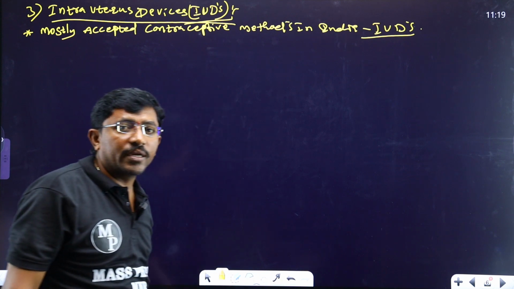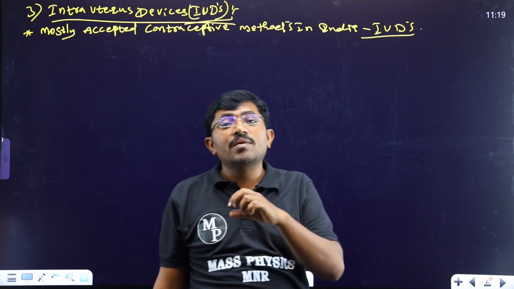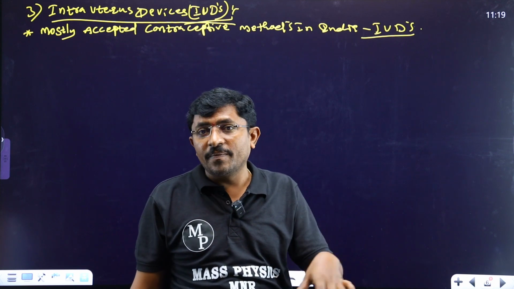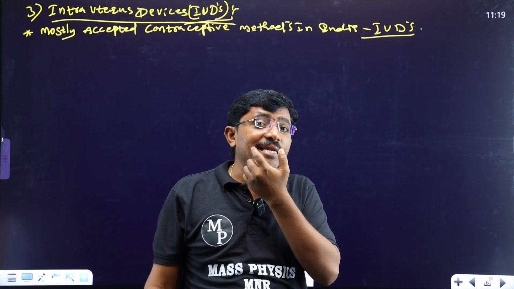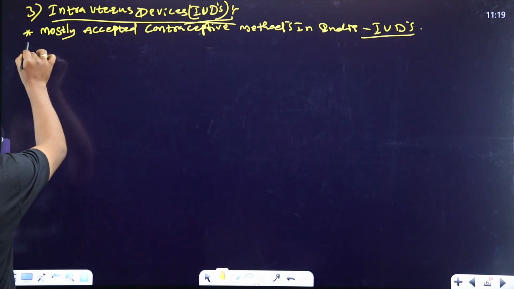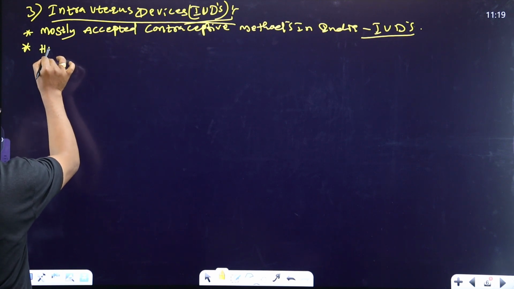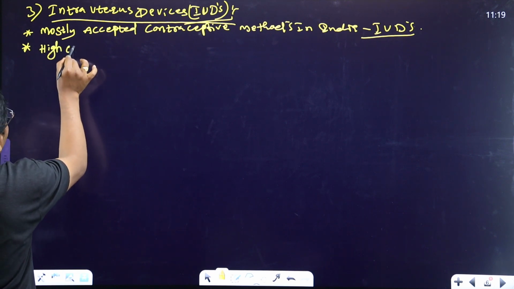Okay, very important point. Sometimes in our examination they ask which contraceptive methods are mostly accepted in India? These are the intrauterine devices. What is the usage of these intrauterine devices? These have high contraceptive value.